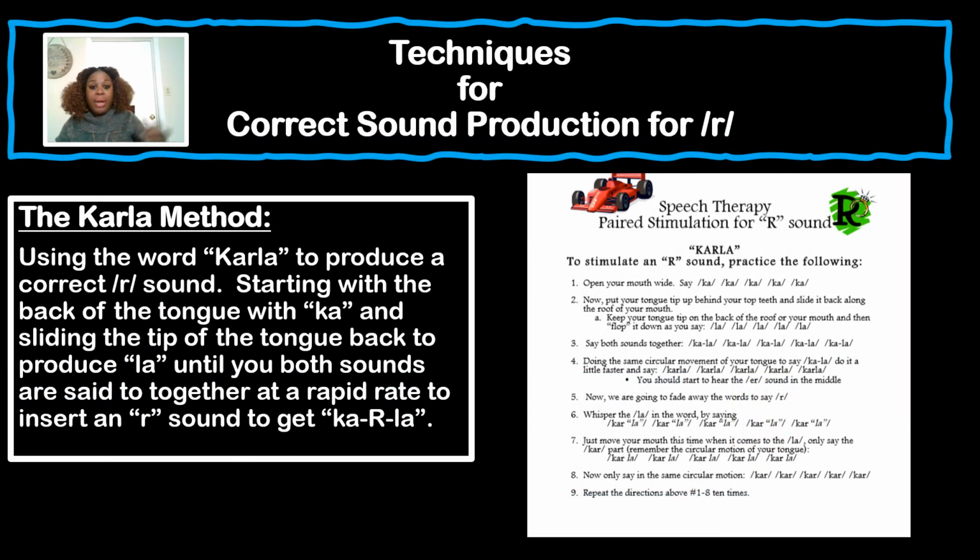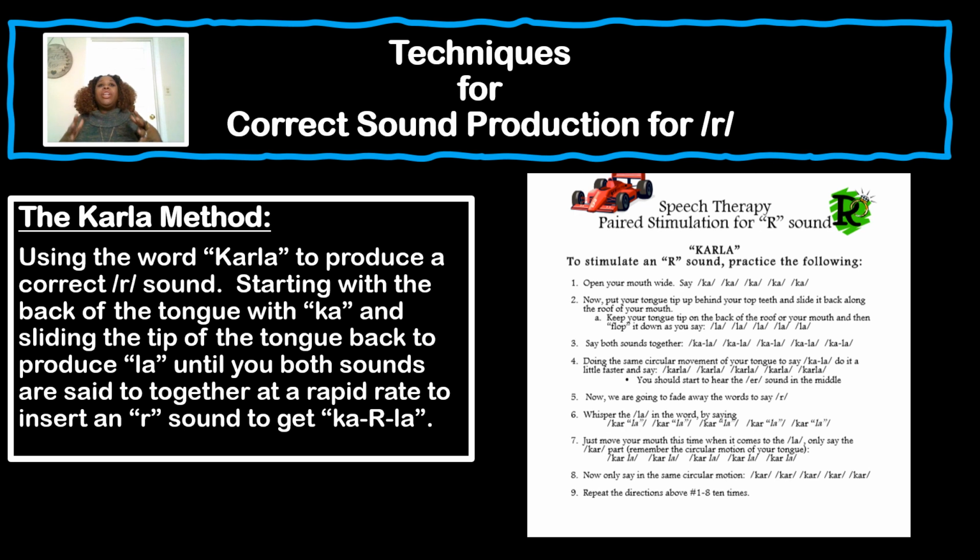I didn't think that I had, but I did include another tip for trying to create the R sound. This is called the Carla Method. I found this on speakingofaspeech.com. I'm not quite sure who came up with it, but you're using the name Carla to produce a correct R sound.